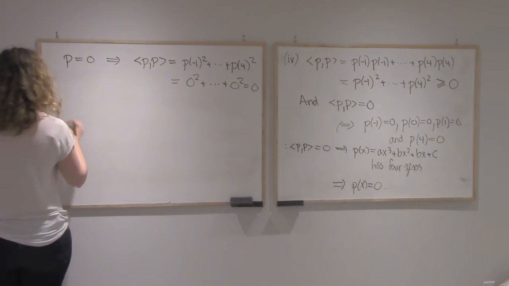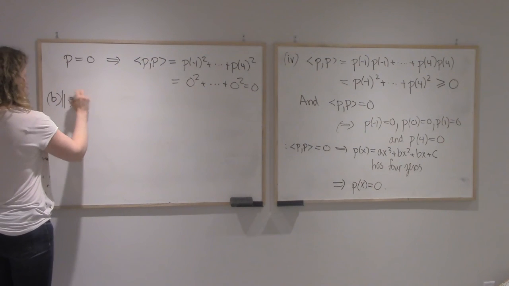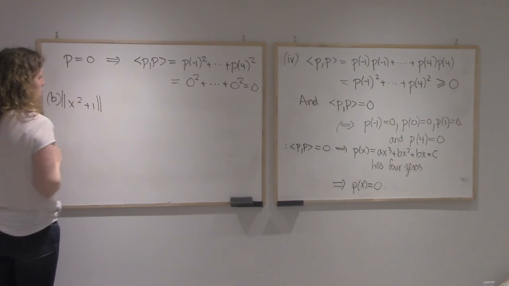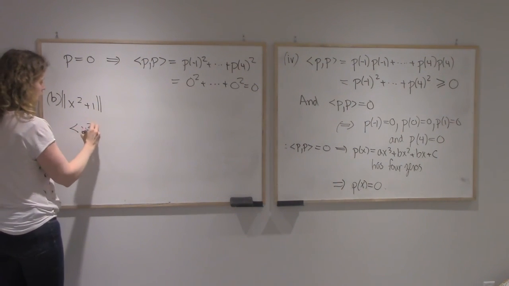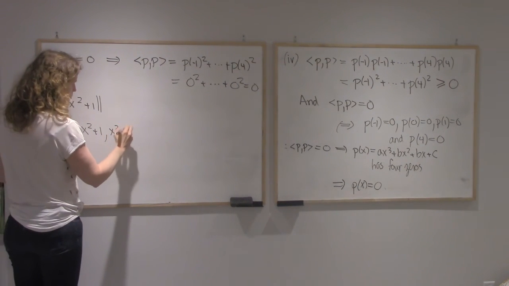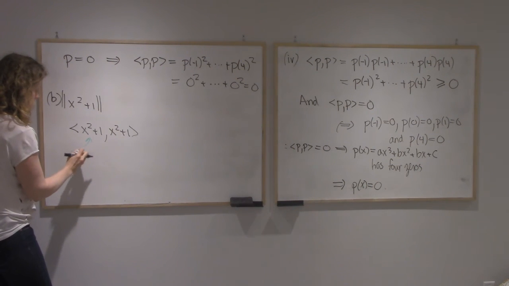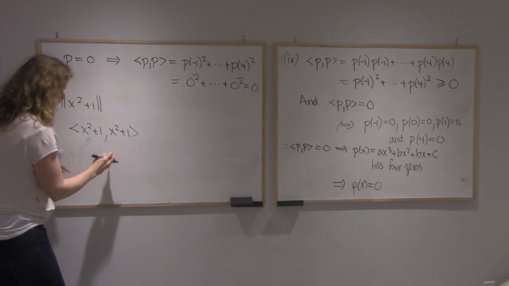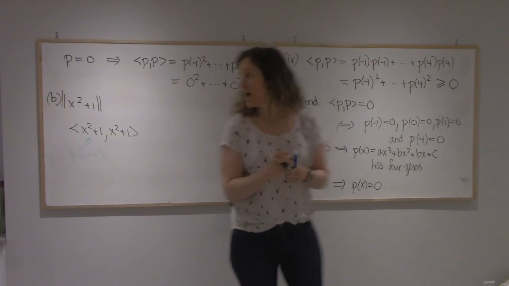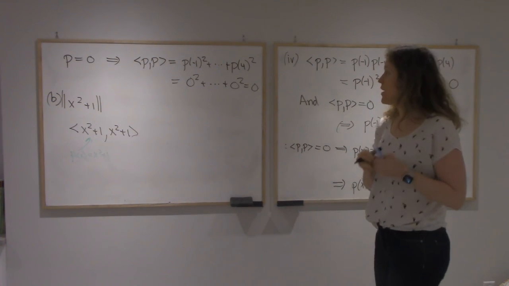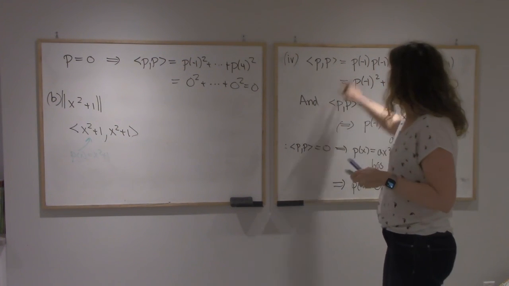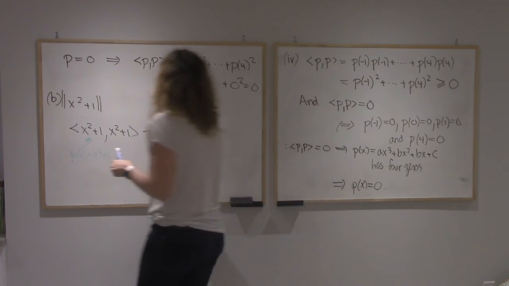Now I need to compute the norm of x squared plus 1. So I'm going to look at what happens when I take the inner product of x squared plus 1 with itself. This is going to look like that.